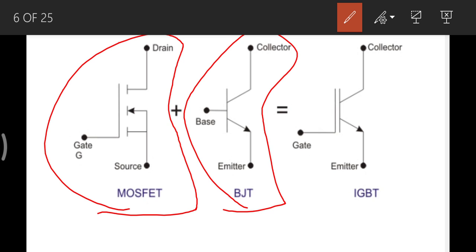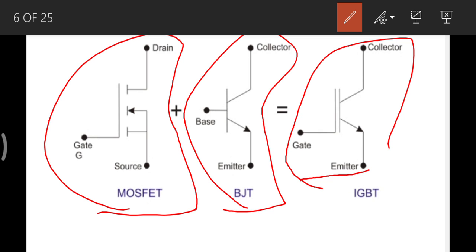By combining these, we form the IGBT. What are the three terminals? Gate, collector, and emitter. These are the three terminals present in the IGBT.